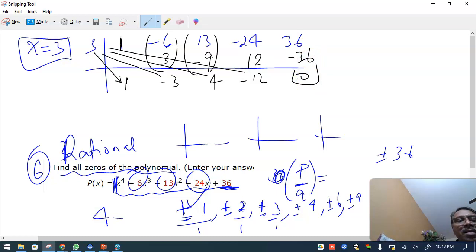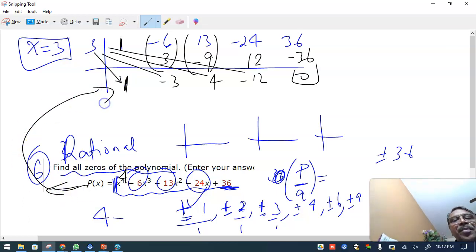Now the original polynomial had degree 4, and now that we have a quotient or depressed polynomial, it becomes smaller. It means the x to the 4 becomes x raised to 3.